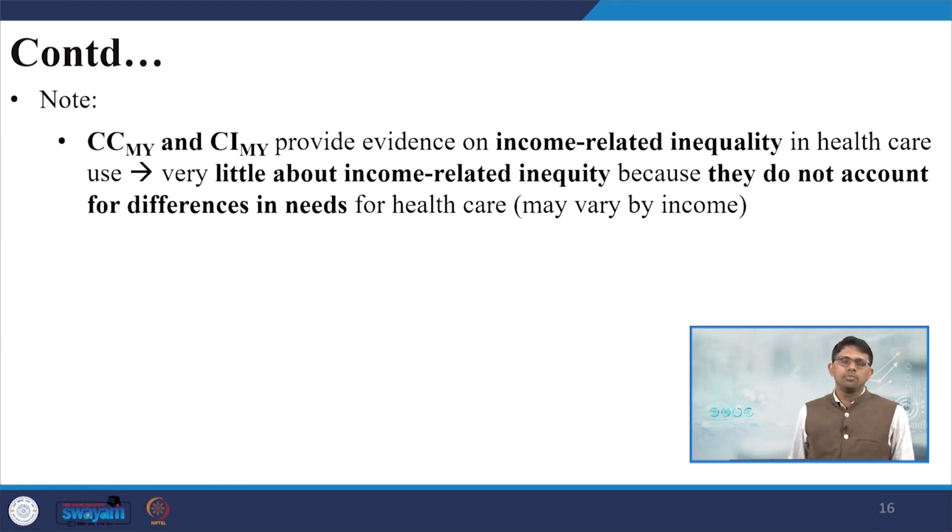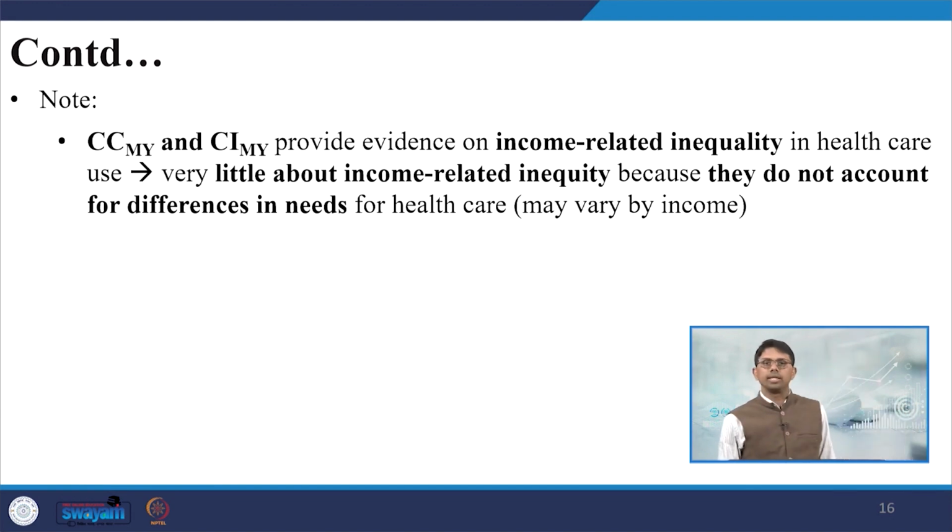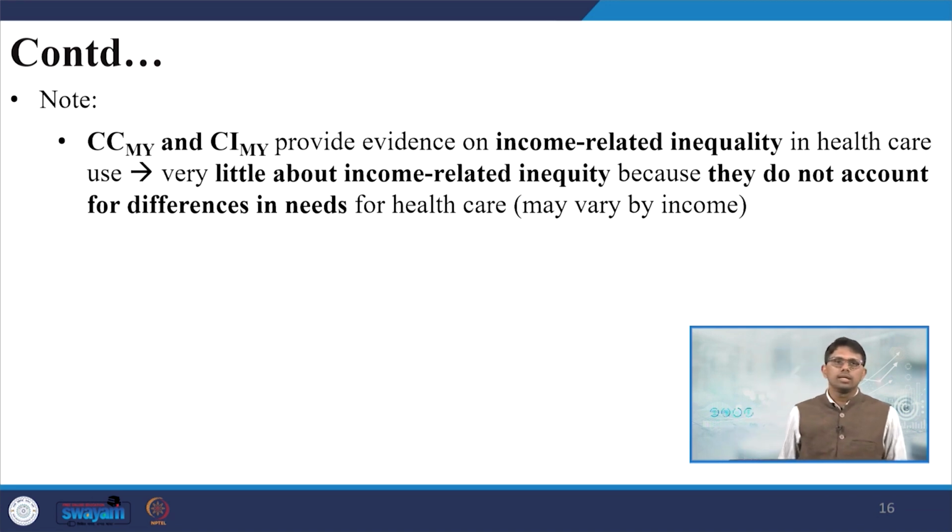So, CCMY and CIMY, one is the curve and the other the index, indeed provide income related inequality in healthcare, but this gives very little about income related inequity, because they do not account for differences in needs for healthcare.